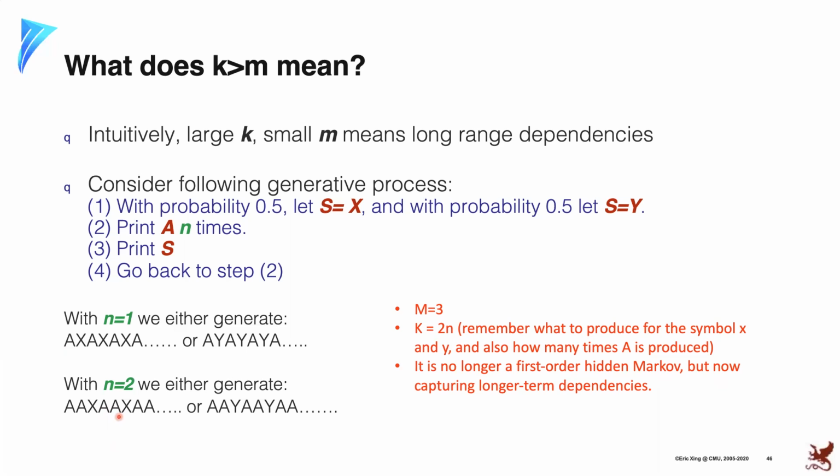And standing at this a, it says that now I print a, but this state also tells me that previously I have already printed 1 a. So essentially, if s equals x, we will have these n different hidden states. But if s equals y, we'll have another n different states. So together we'll have 2n hidden states. In this way, we interpret it as no longer a first order hidden Markov model, but one trying to capture such long-term dependencies along the sequences.